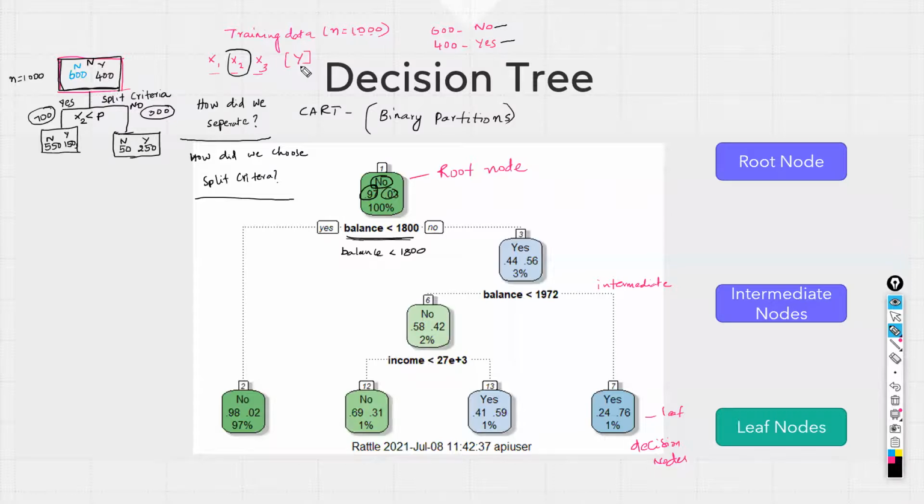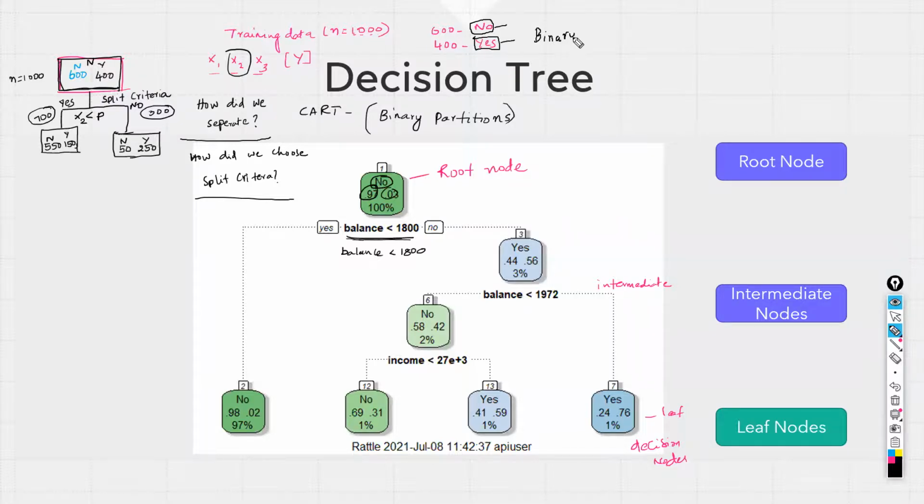So you want to separate them into 5-6 species based on certain measurements of the flower, like what is the petal length, what is the sepal length, etc. In that case, it's called multi-class classification, but here it is just a binary classification. So our target value can only take these two values, either yes or no. That's why it is called a binary classification problem.